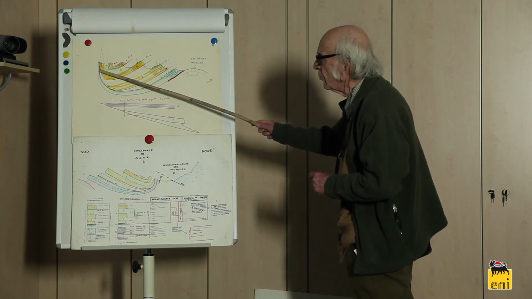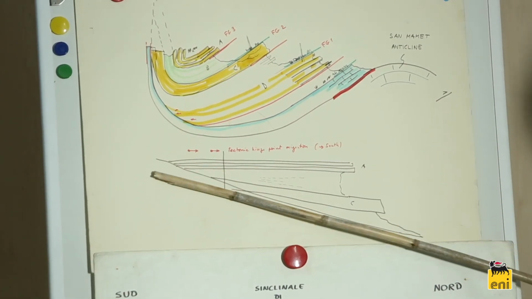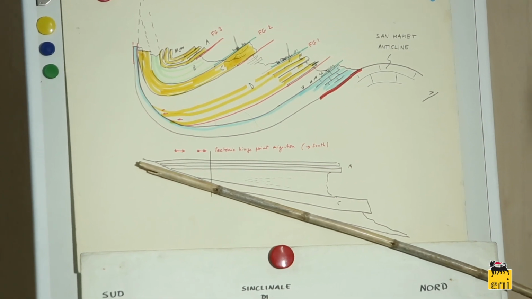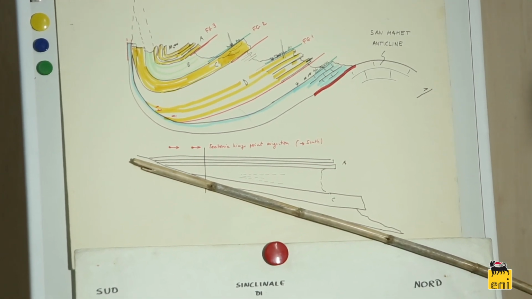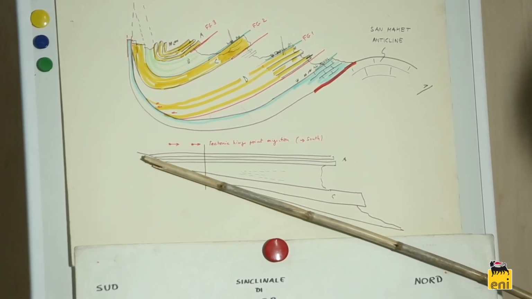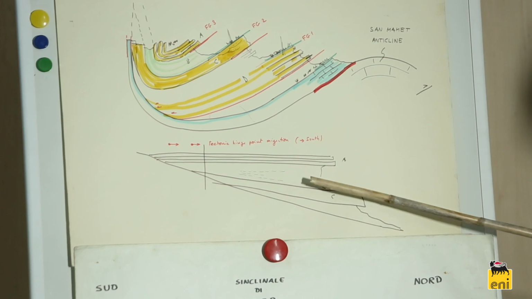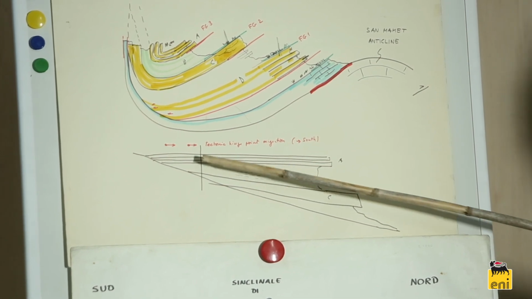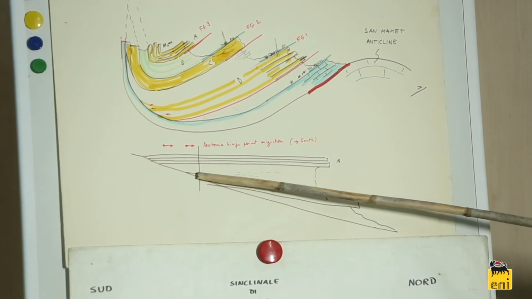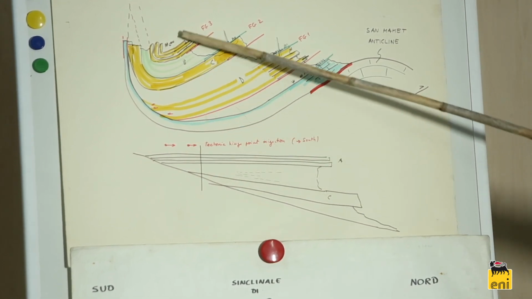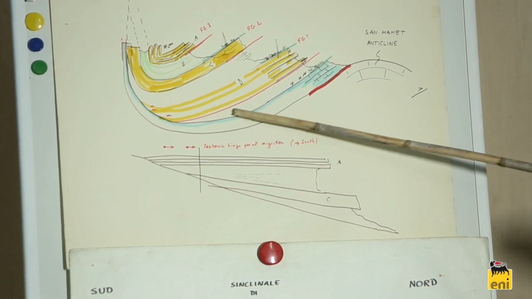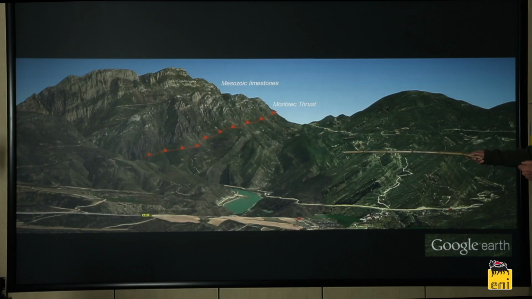This angular unconformity is related to the fact that the Tramp-Ager group was tilted to the south during a phase of deformation, and on top of this tilted surface you have a progressive onlap of the Figols strata in such a way that the northern limb of the syncline, which was this one, is considerably thinner than the southern one.